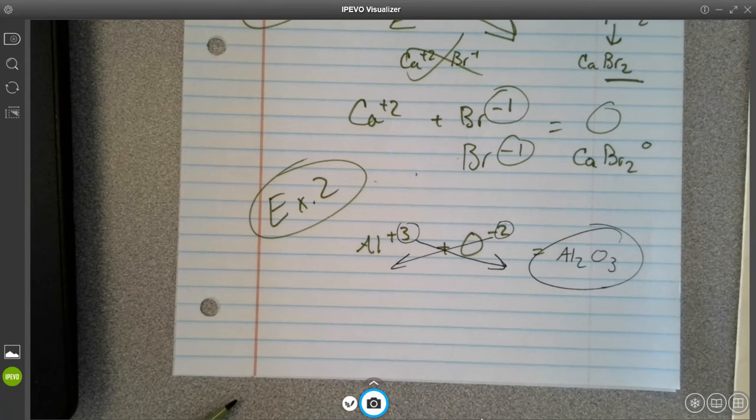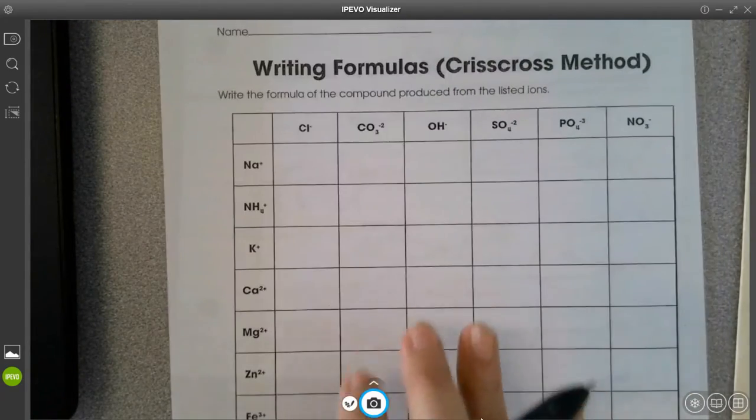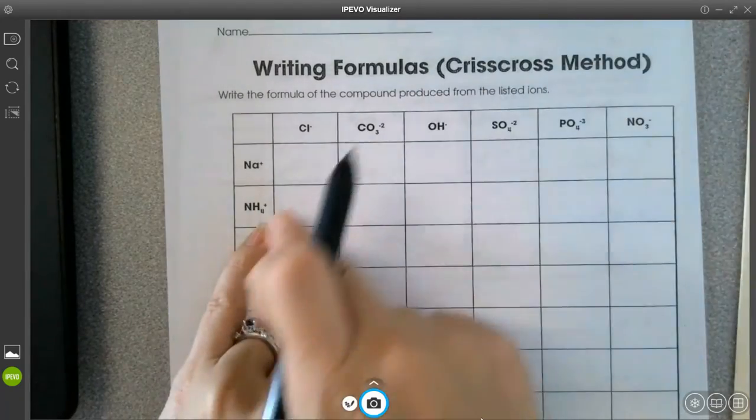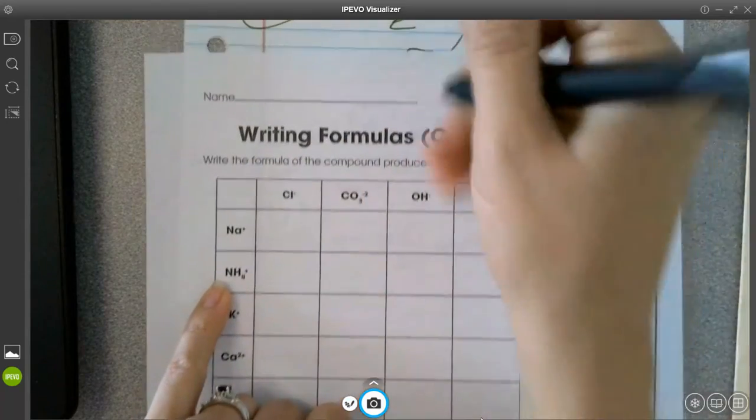I left it on the other side of the room, so give me 1 second. So you have one worksheet that looks like this. All you're doing is the exact same thing. So let's look at our compounds here.